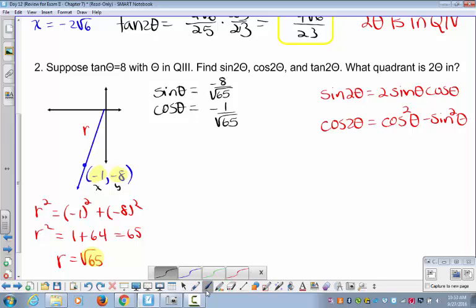All right. So sine of 2 theta is 2 times negative 8 over square root of 65. If you're going to write it without parentheses, then make sure that negative is tucked up nice and neatly in the numerator. And when you multiply all this out, you'll get 2 times 8, which is 16, over 65.